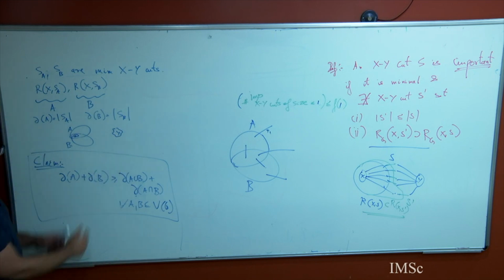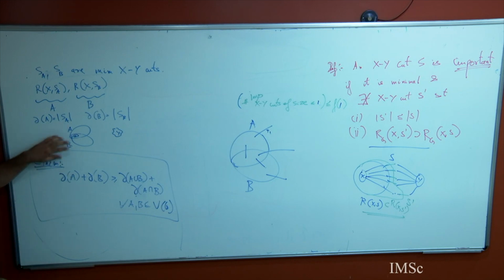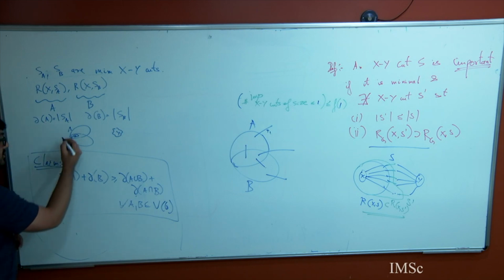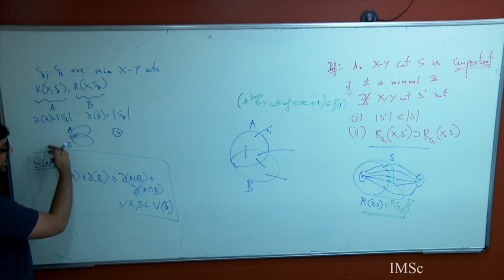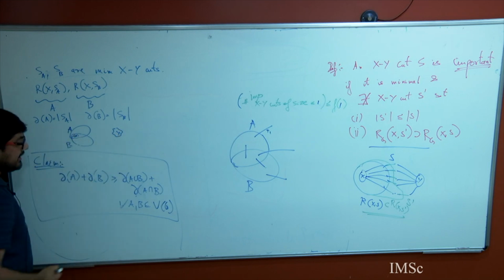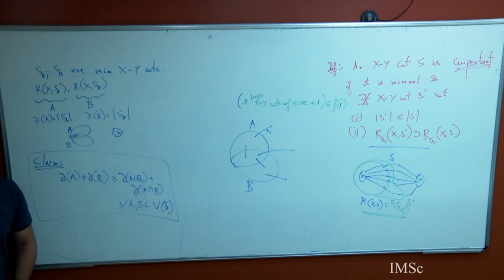Is this picture fine? For now I've just taken two specific A and B which cross. I've taken this particular example for a reason. But the claim that I'm making is X is contained in A intersection B and Y is disjoint from A union B. Questions about this?